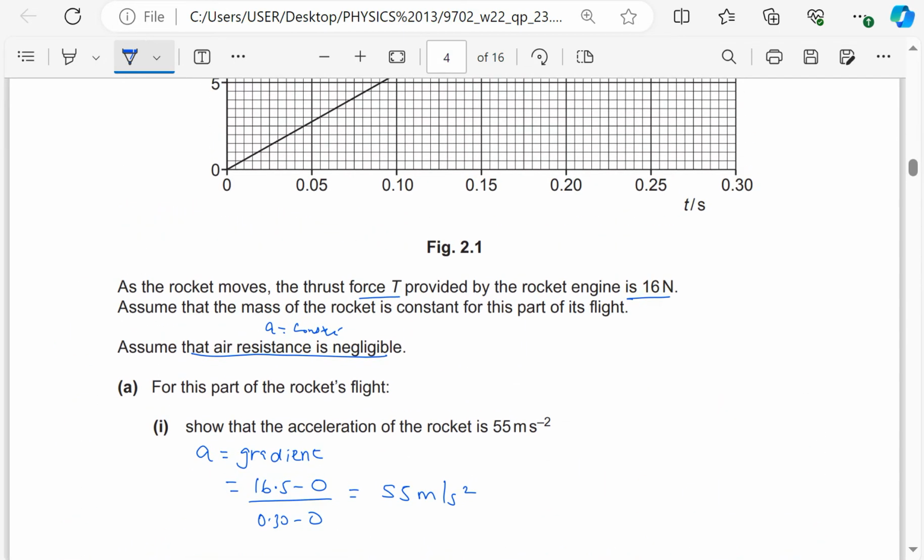As the rocket moves, the thrust force T provided by the rocket engine is 16 newtons. Assume that the mass of the rocket is constant and that air resistance is negligible.